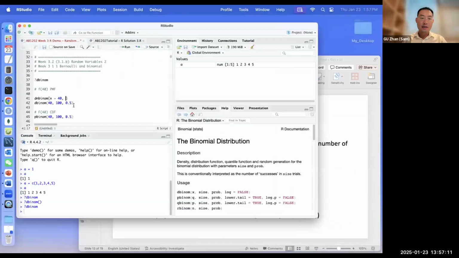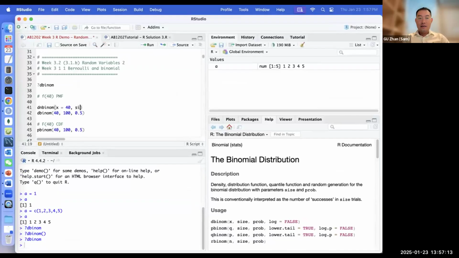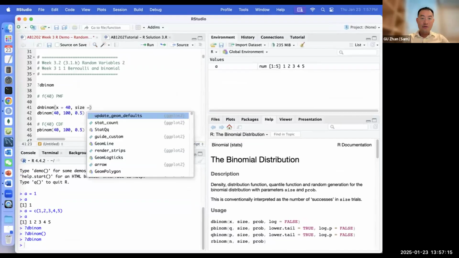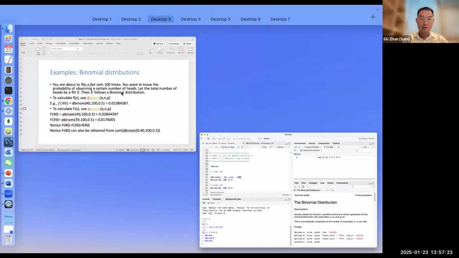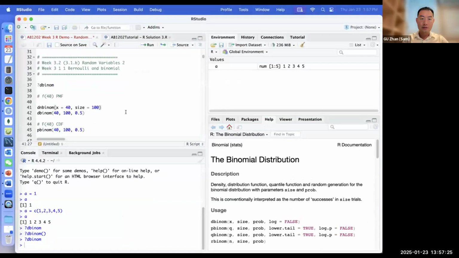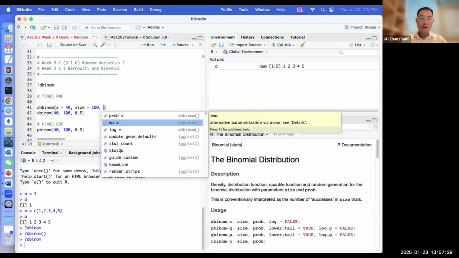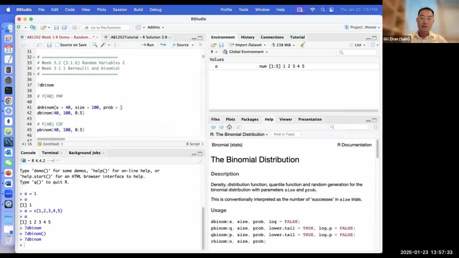And how many coins have you flipped? The total number of trials in the experiment is 100. Then next is press tab again. So you can use the arrow key to select probability equals to 0.5. It's a fair coin.